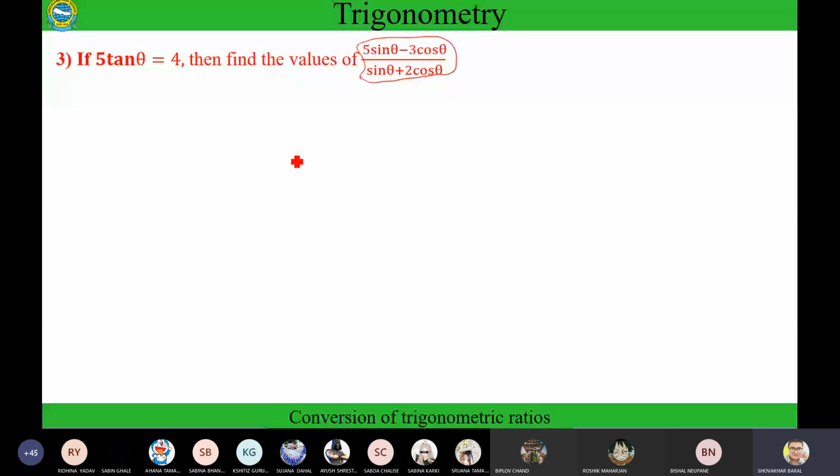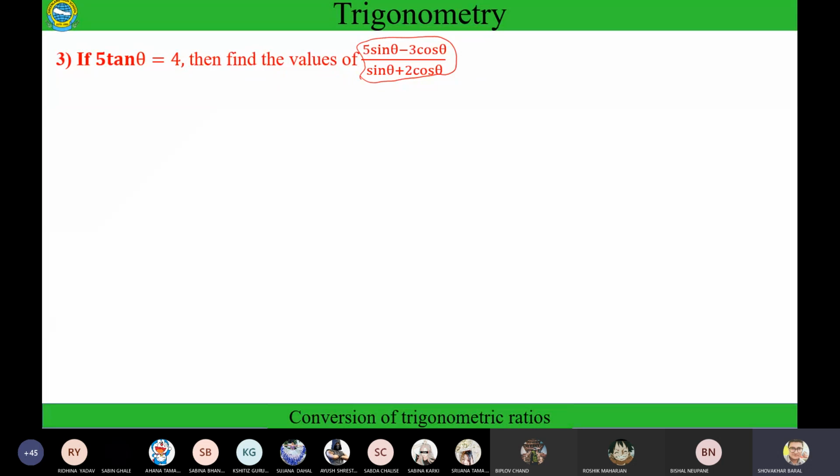So 5 tan theta is equals to 4. Find the value of 5 sin theta minus 3 cos theta by sin theta plus 2 cos theta. I don't know whether you have read this in class 8 or not, but this is also included in class 8. In some textbooks, they put such questions. I don't know whether it was there in our textbook or not.